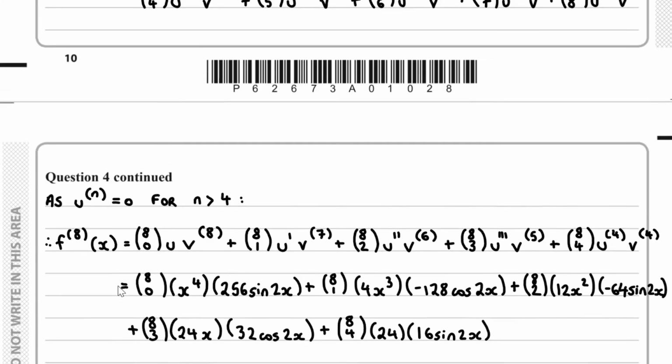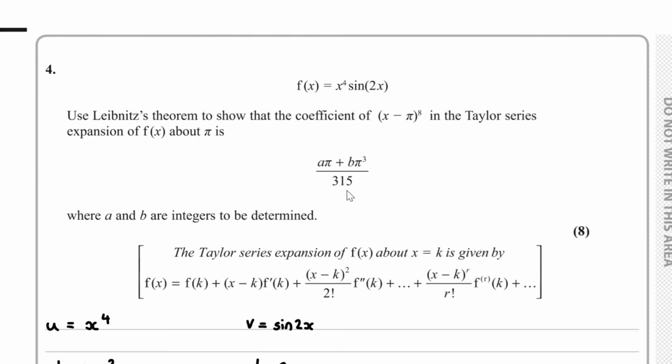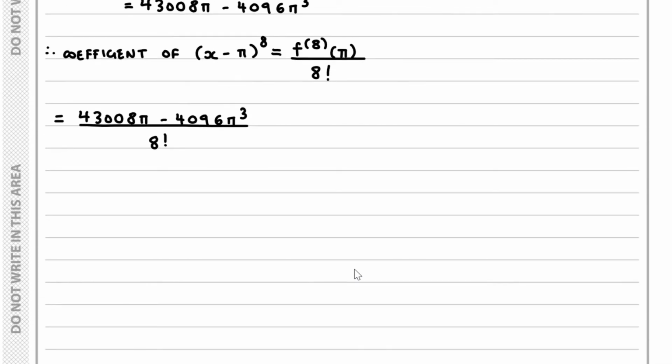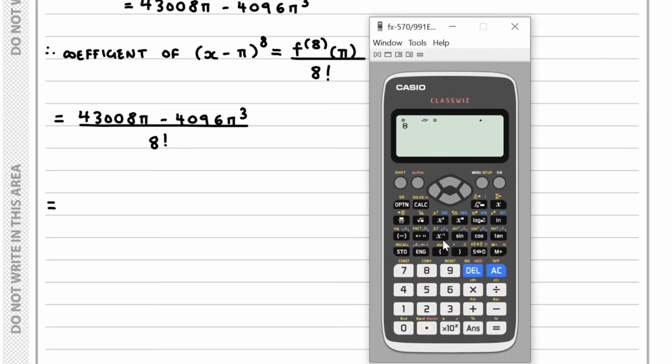Now, if you remember, in the question we want a denominator of 315, so if we actually work out what 8 factorial is, that's this result here, and if I divide this by 315, what I'd have to do is divide the top and bottom by 128. So we've got 43008 divided by 128. So here we get 336 pi.